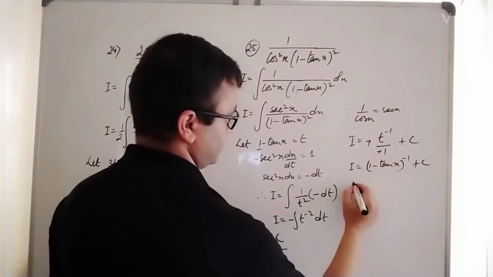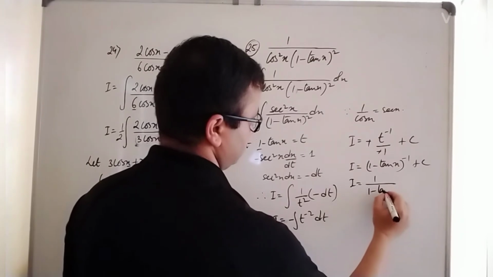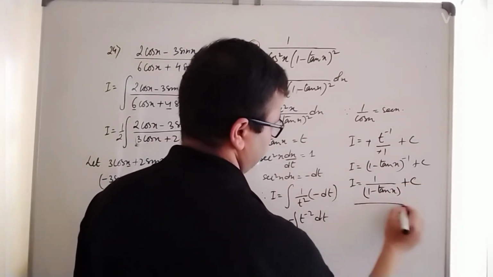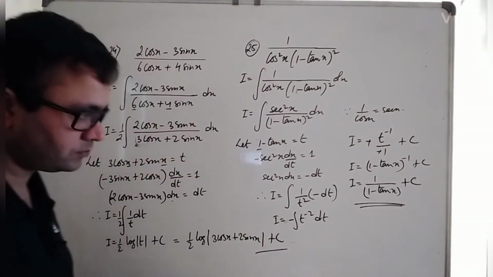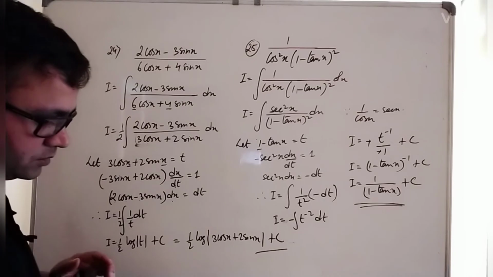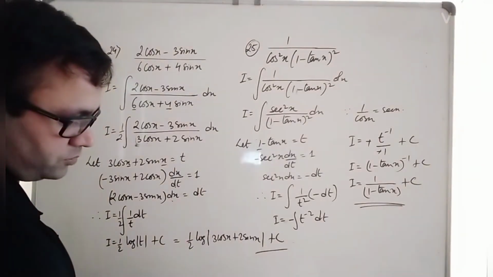Now reciprocate it. I equals 1 by 1 minus tan x plus c. Now this is the answer. Question number 25 is done. Now 26.